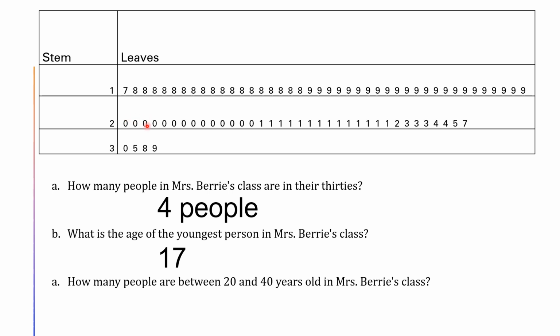So 1, 2, 3, up through 40. Pause that and count on your own if you need to. But that was 40 people between the ages of 20 and 40 years old.